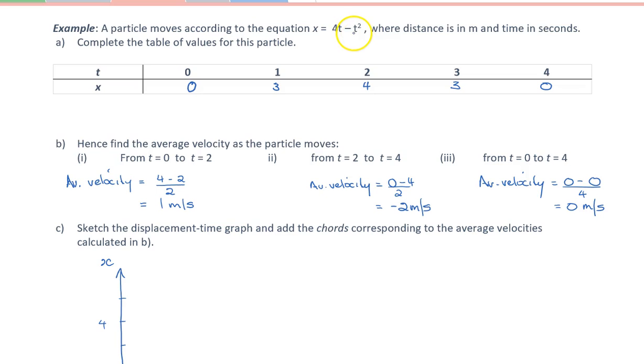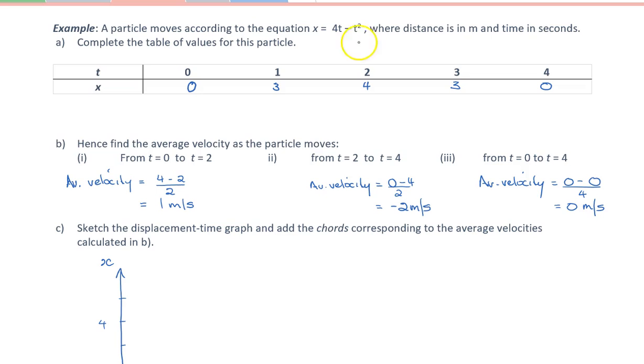Now, apart from that, it says where distance is in metres and time is in seconds. Complete the table of values. So remember, we've already moved into time taking up the spot of usually our x, and x moving into where we would have normally recorded and graphed the y variable.